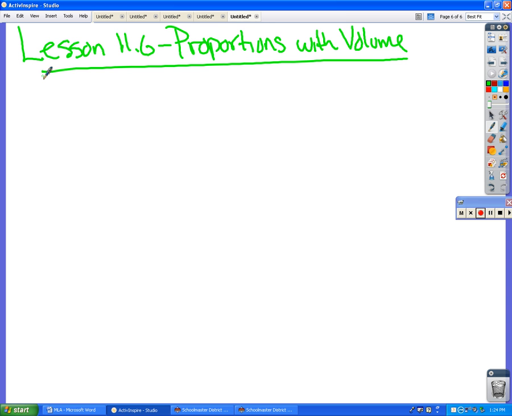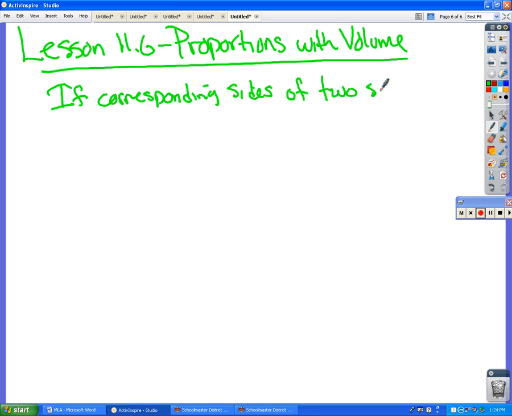Okay? Here's the question. If corresponding sides of two similar solids, so now we're talking about three-dimensional objects, solid figures, not planar figures.